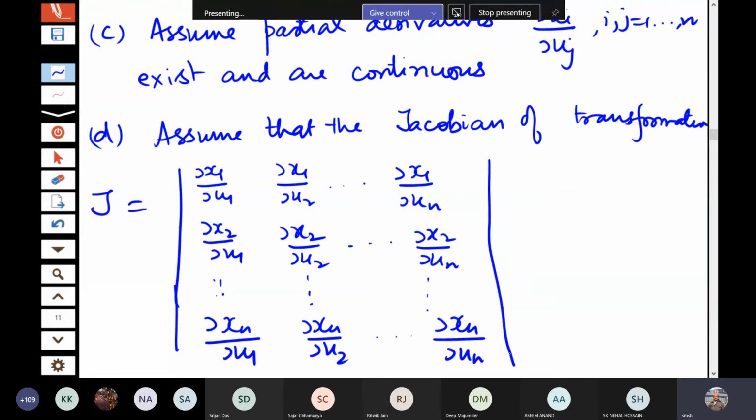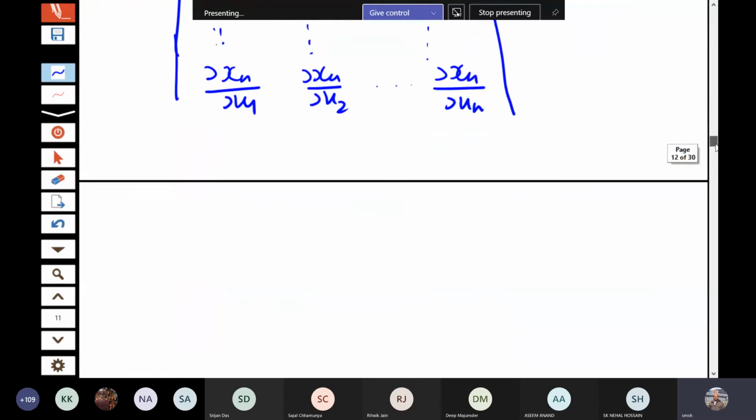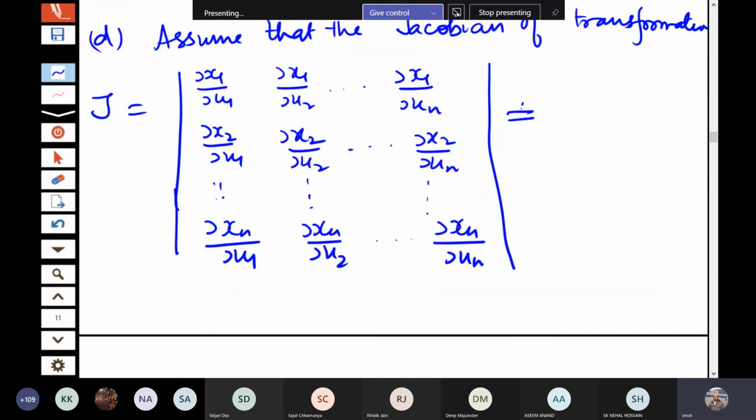We assume that this Jacobian is non-zero, that is, it does not vanish in the range of the transformation.